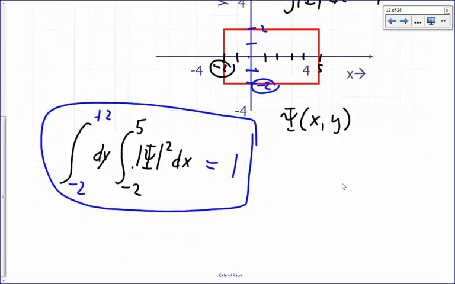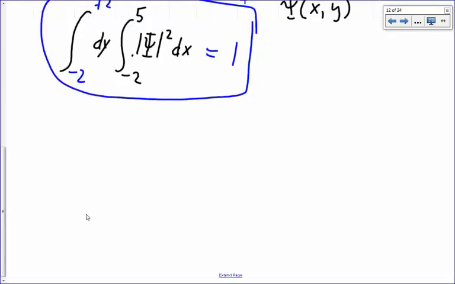Now, just a little bit of a math review about doing multiple integrations. Let's say you have a function f equal to, let's say, x squared y. What would be the integral of f dx from x equals 0 to 2, and from y equals 1 to 3?